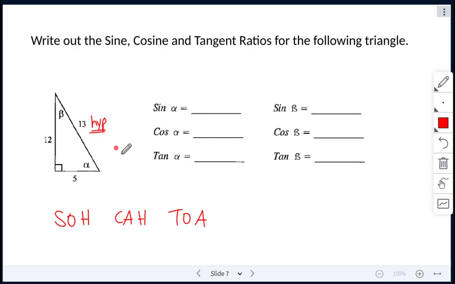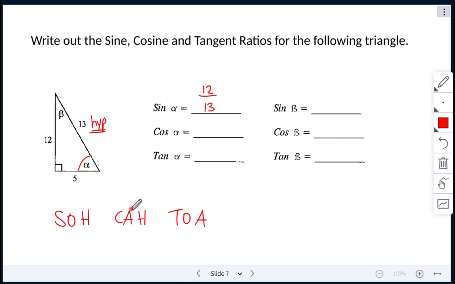In this case, it is 13. So when we're looking at angle alpha, our sine ratio is opposite divided by hypotenuse. Opposite is 12, and hypotenuse is 13. So there's our ratio, 12 over 13. If you can reduce it, you would, but we can't in this case. We're leaving it as 12 over 13.